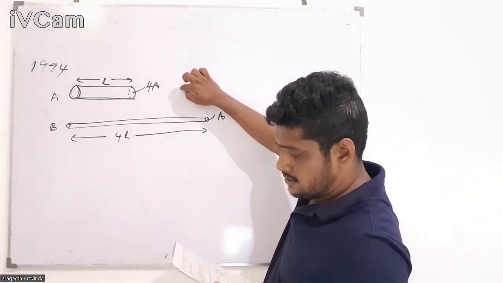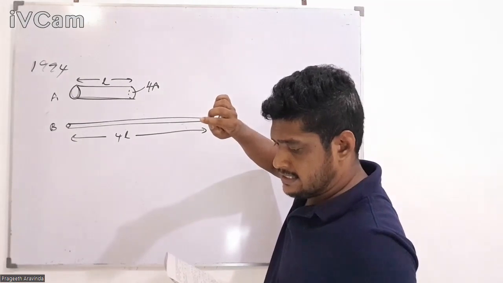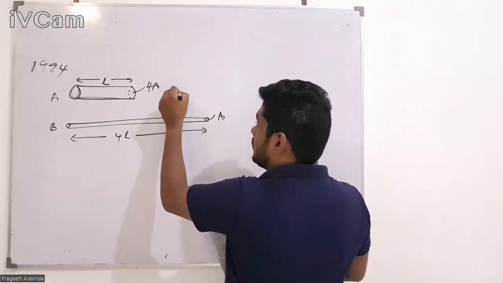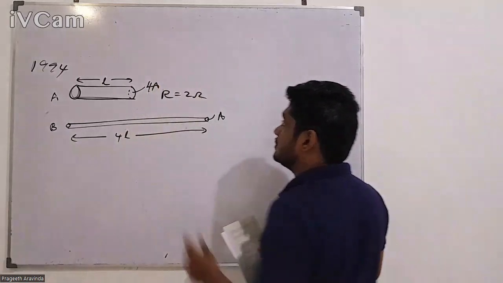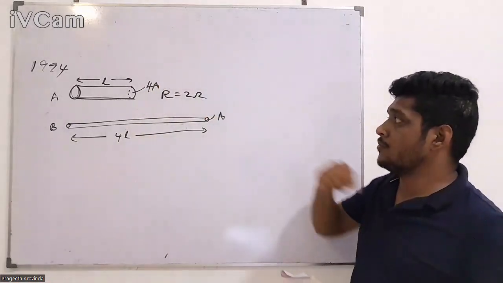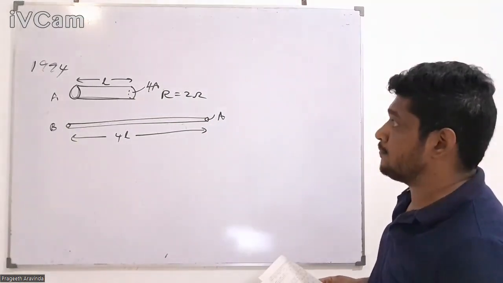So now resistance of this one is 2 ohms. R equals 2 ohms, right? එතකොට කොහොමද හදාගන්නේ?